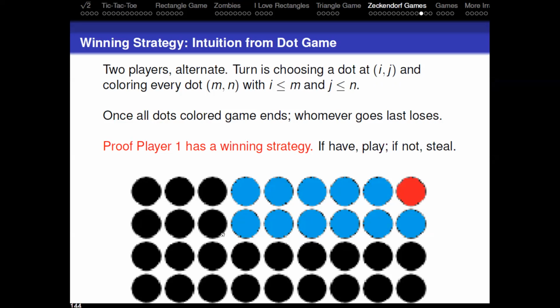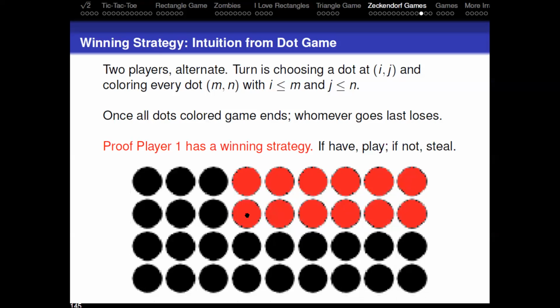They should just go over here. Because what we've just seen is if player one goes here and player two goes here, from this point onward, the person who goes next loses. So if player one had just gone here, from that configuration, whoever goes next loses. So player one can ensure that they win.